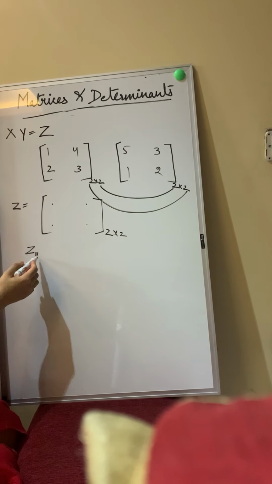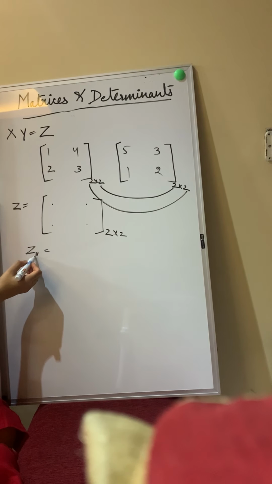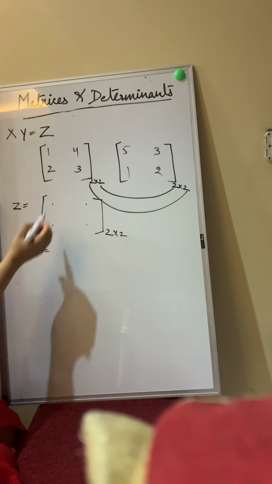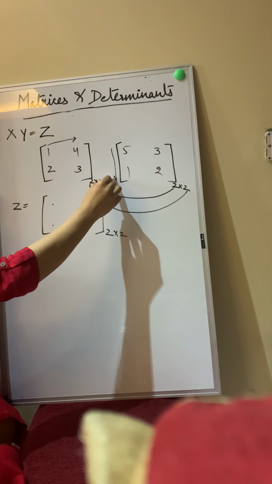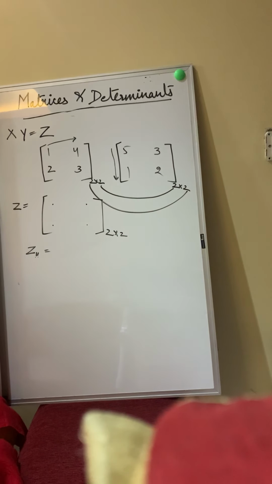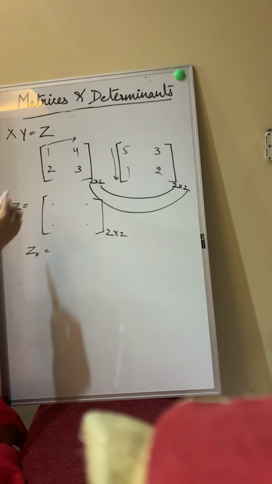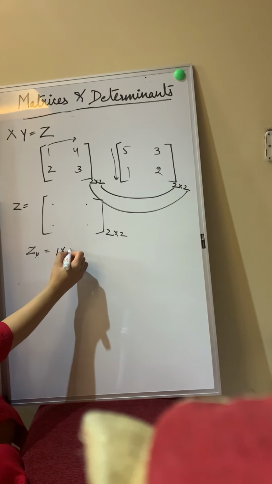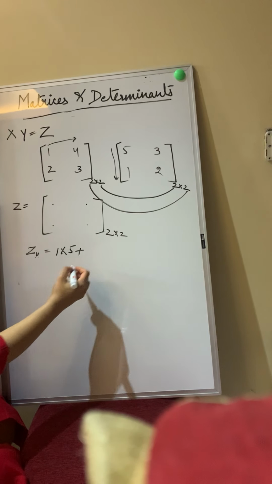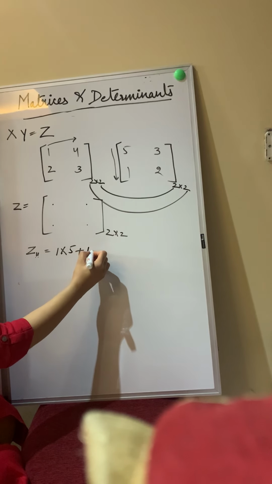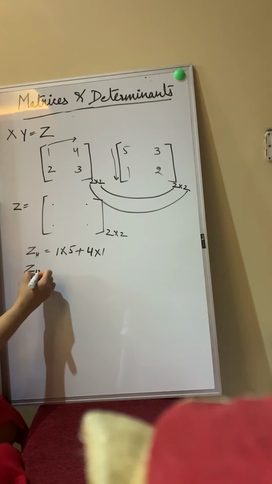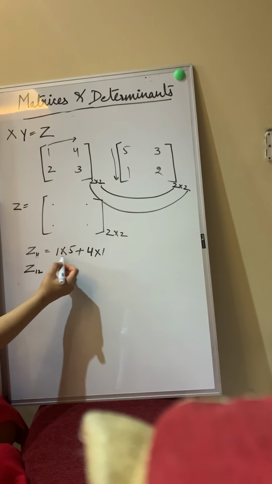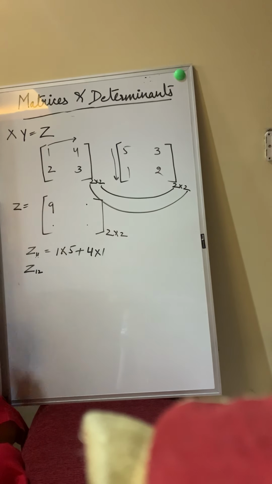I am solving first Z11, row of first, column of second. So it is 1 into 5 plus 4 into 1. This is Z11. 5 plus 4, 9.